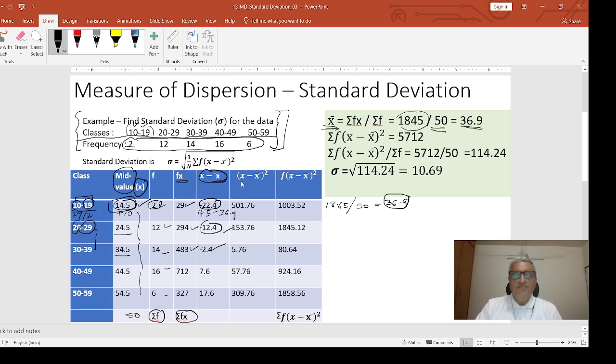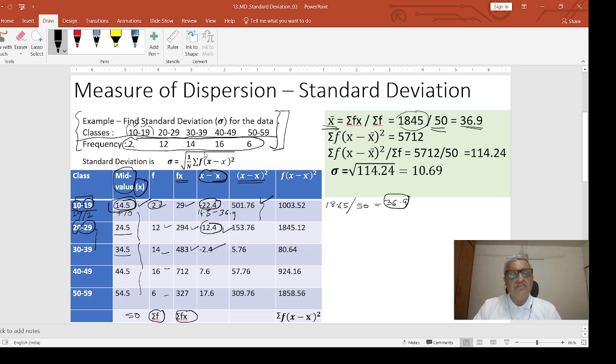After that, I have to find the square. The square of x minus x bar is this particular column. I square each of these values, and for minus 22.4, I get 501.76.